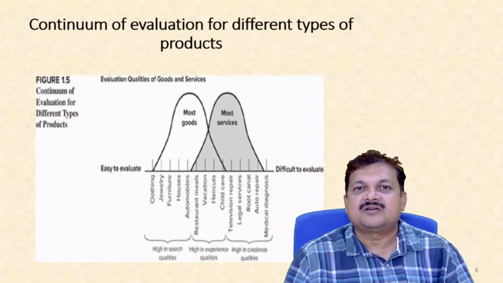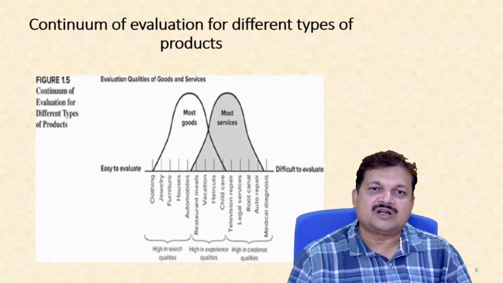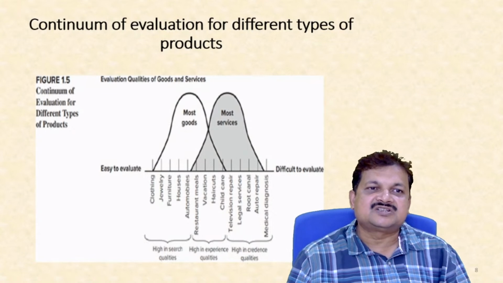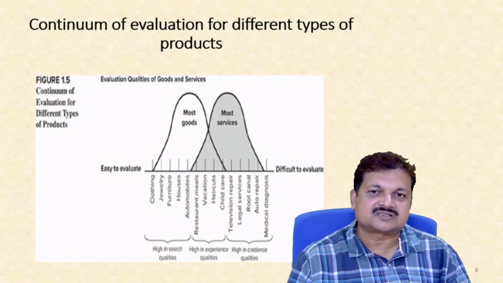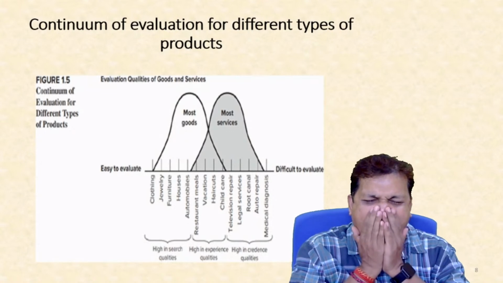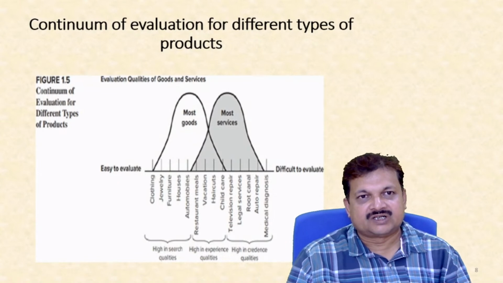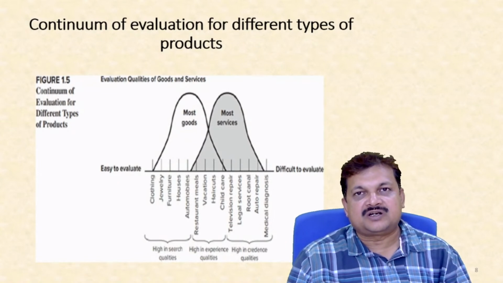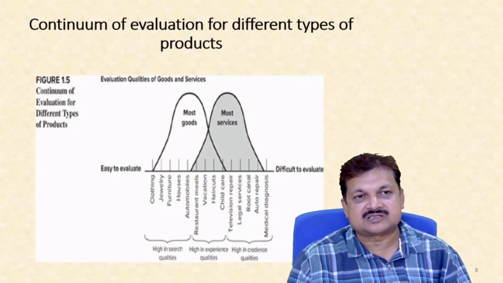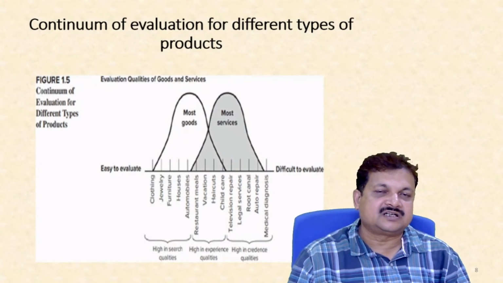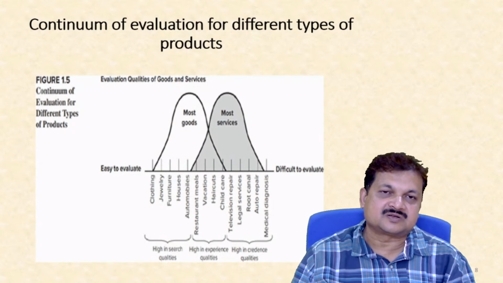Now, continuum evaluation of different types of products. You will find that for most goods it is quite easy to evaluate the products, but it is not so easy to evaluate the services, because a lot of components are involved in a particular service. There are tangible components and intangible components involved in services.